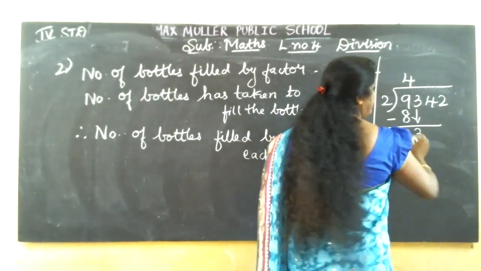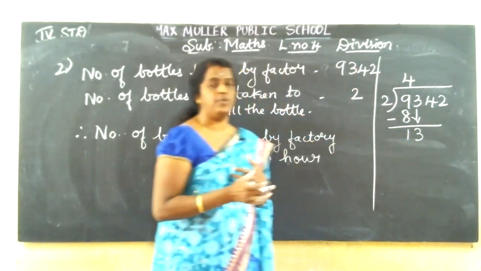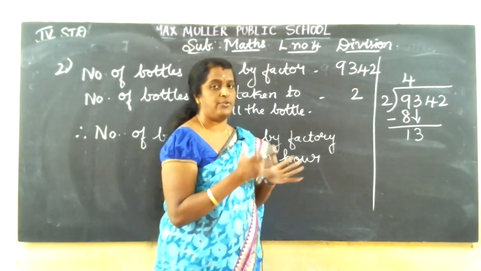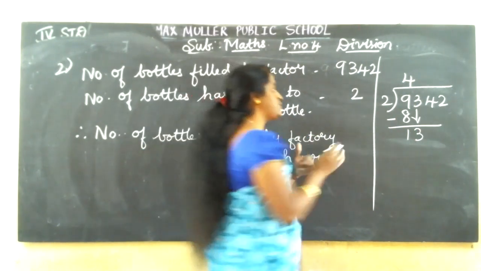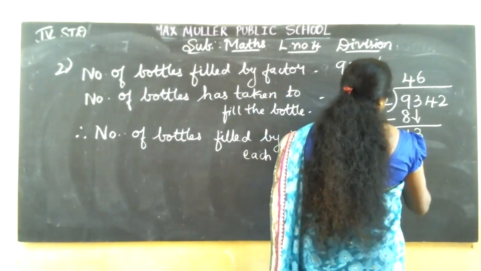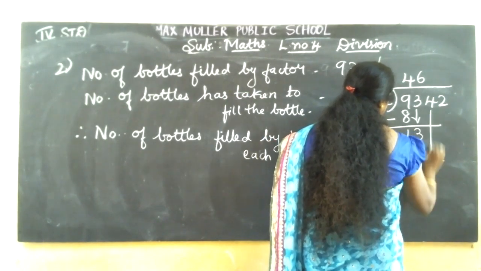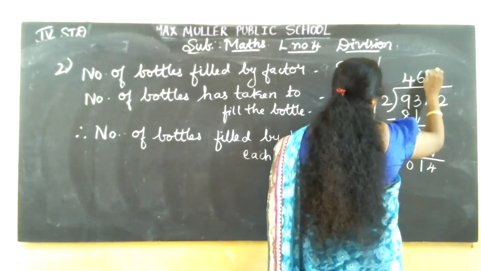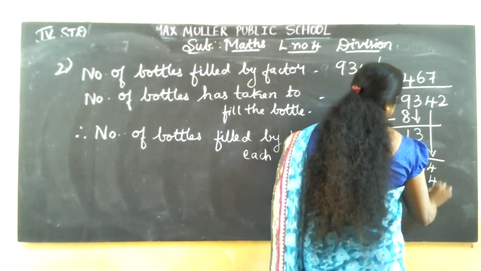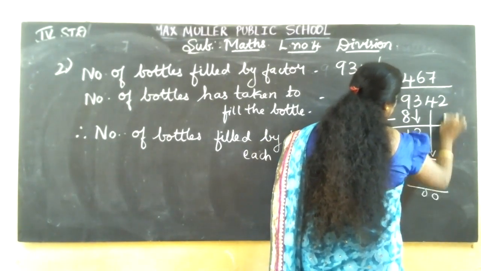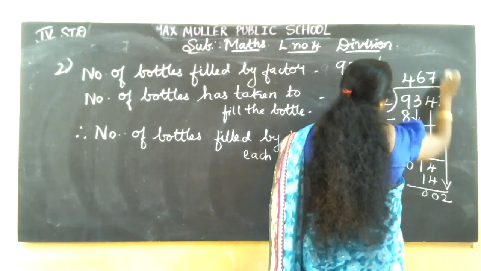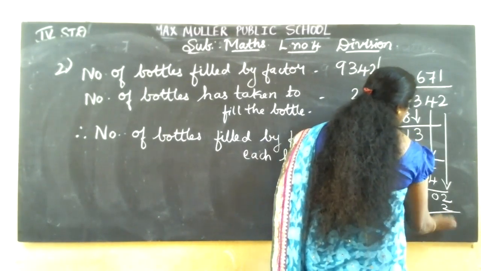Bring down 3. 2 sixes are 12. 13 minus 12, 1. Bring down 4. 2 sevens are 14. 0. Bring down 2. 2 ones are 2.